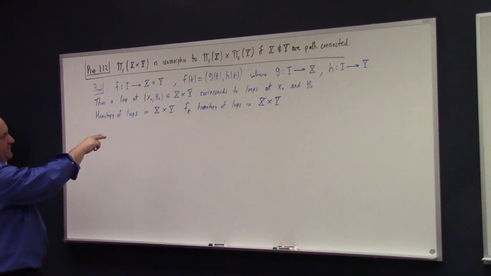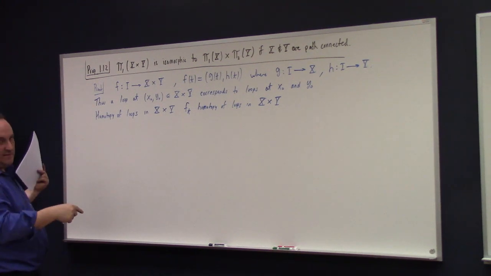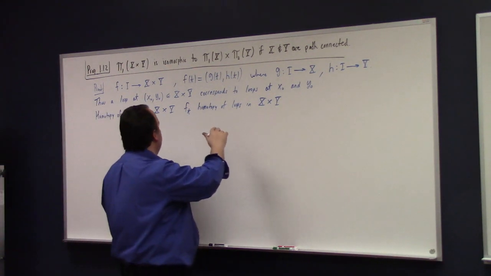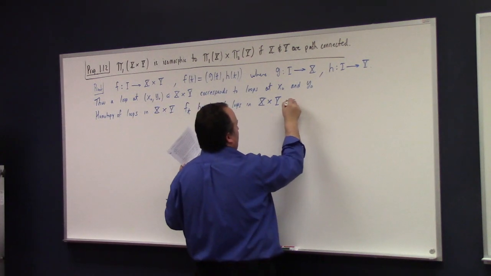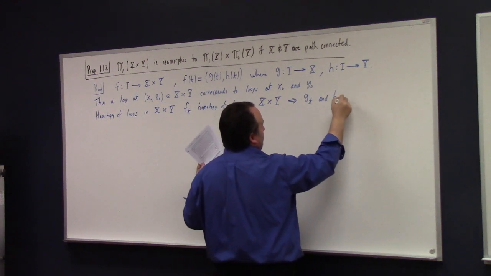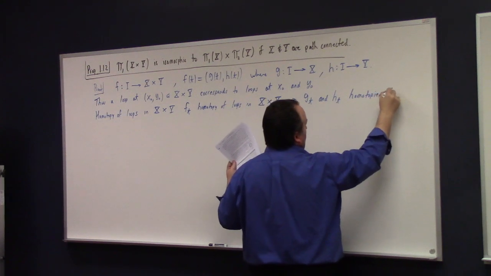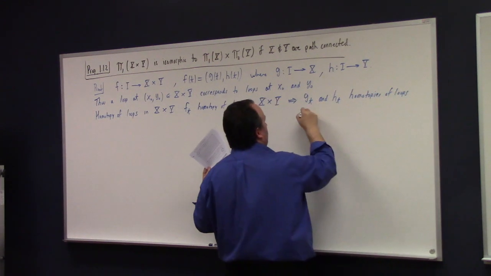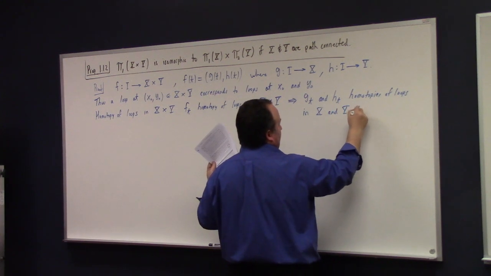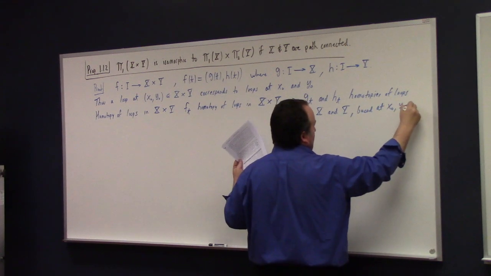But anyway, so this F sub t would give you a pair of G sub t and H sub t, the homotopies, respectively. That implies you get G sub t and H sub t homotopies of loops in X and Y, based at x naught and y naught respectively, right?